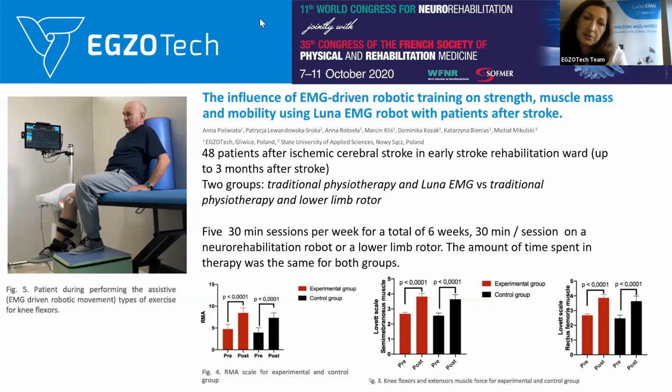The sessions were carried out 5 times per week for half an hour, for a total of 6 weeks. And we received nice results: the patients improved in the functional scale, and the knee flexor and extensor muscle force increased as well.